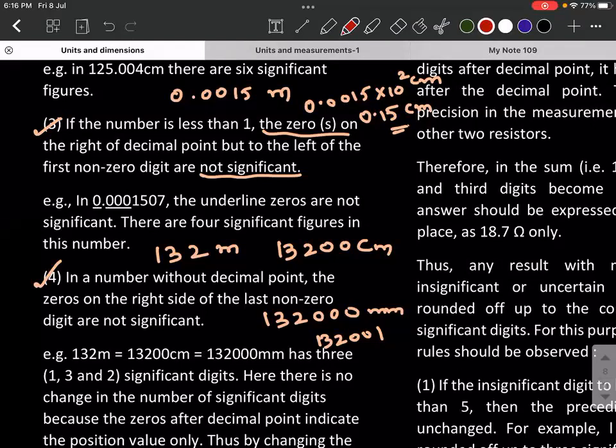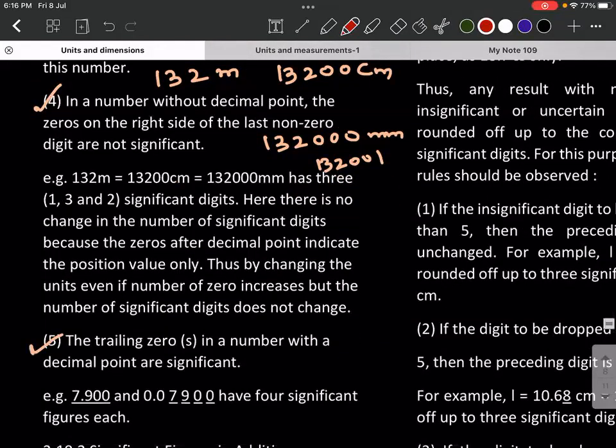Yes, because they are between two non-zero digits. So the zeros which are taken after the last non-zero digit are not important for us. The reason being, those zeros get added only because you try to convert the number from one system of unit to another. Clear?